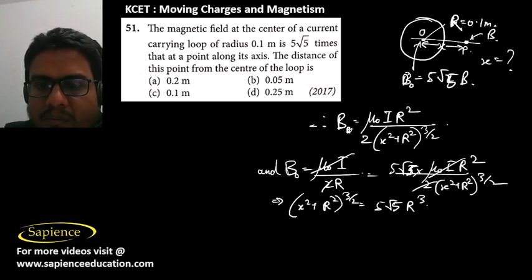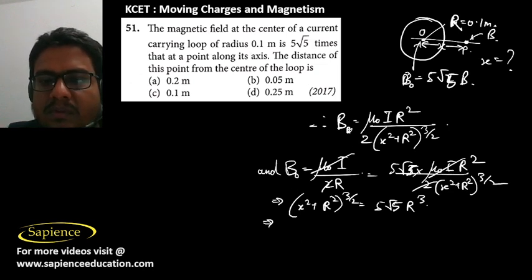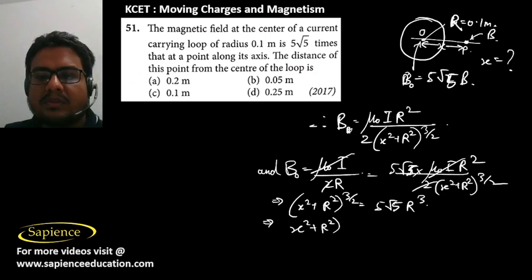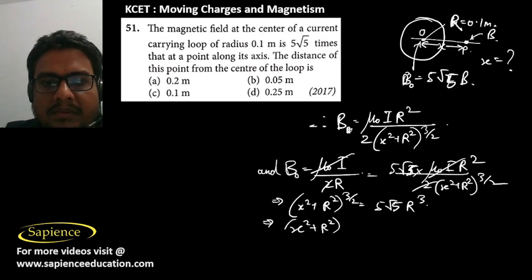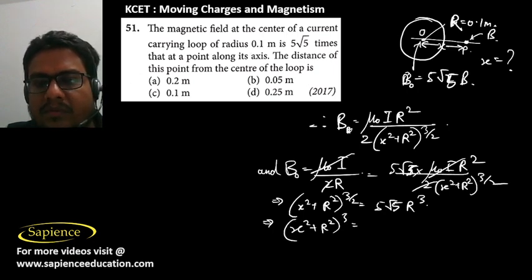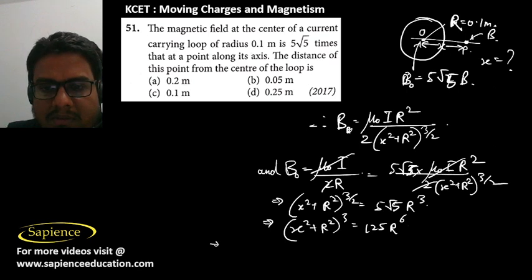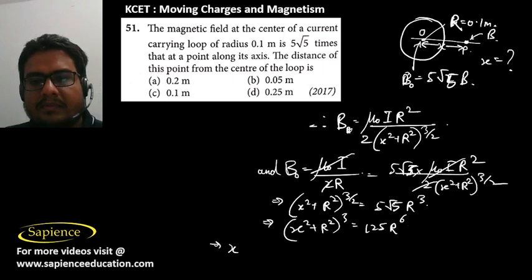Now if we square both sides, then we will get (x square plus R square) whole cube equal to 5 is 25, 25 into 5 is 125, 125 R power 6.